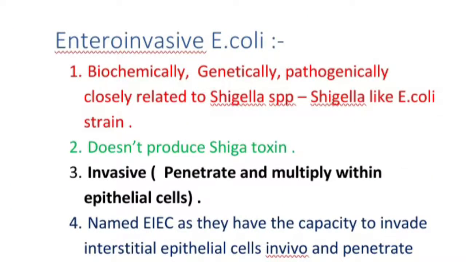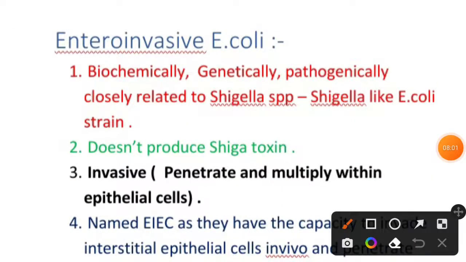If we recapitulate, first of all we should say that they are invasive bacteria that invade the target cell and multiply, and that is why we get symptoms. Their target cell is the intestinal epithelial cell. Upon invasion they lyse the phagosomal vacuole and spread through the cytoplasm to adjacent cells.